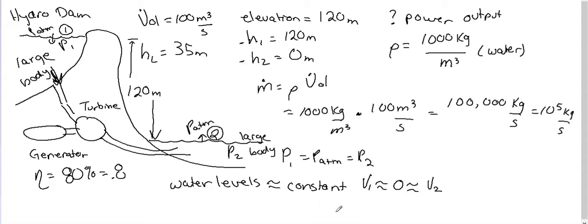Alright, now we haven't been given the kinetic energy correction factor alpha, so we're going to assume that it is equal to 1 here. Now, we've got everything. We've got our H1, our H2, we have our P1 and P2 that are equal to each other, and our velocities are also equal to each other. So now we're going to move on to actually solving this question. So I'm just going to get a new screen here.